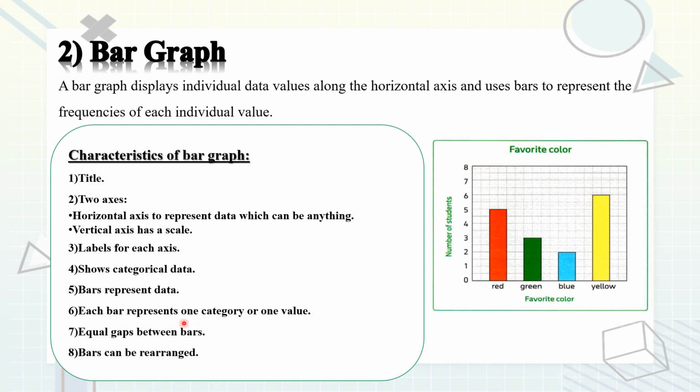Each bar represents one category or one value. Equal gaps between bars. We have equal gaps here between each bar, and bars can be rearranged. We can start from green, from blue, from yellow, not necessarily to start from red.